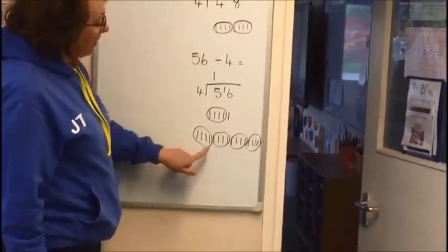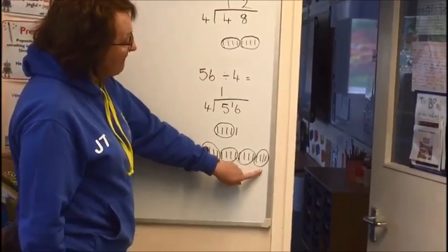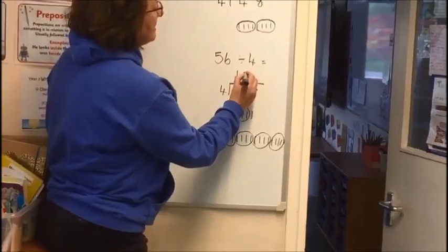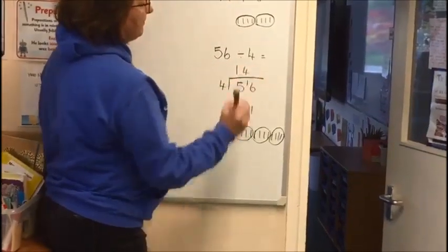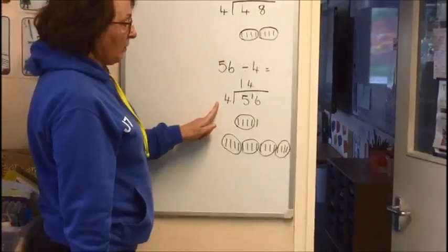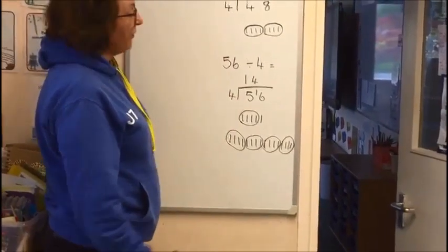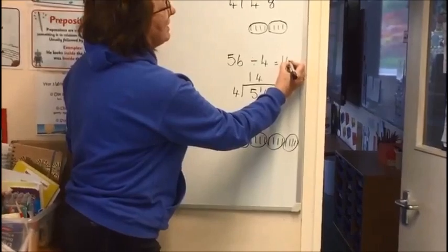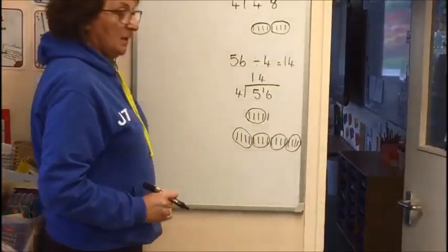So I've got 1, 2, 3, 4 groups of 4. So my answer there is going to be 4. So 4 into 56 goes 14 times. So 56 divided by 4 is 14.